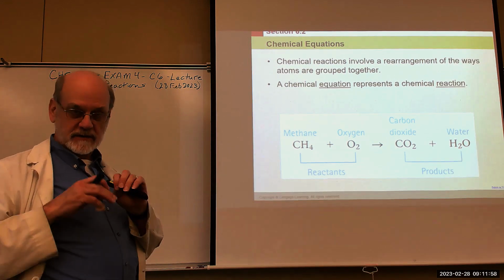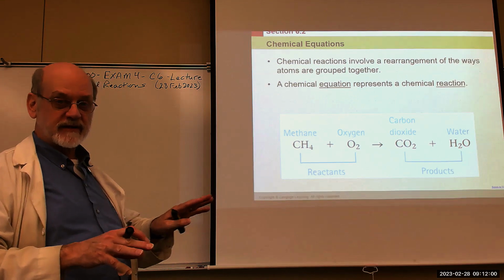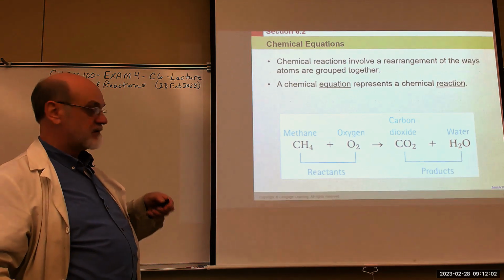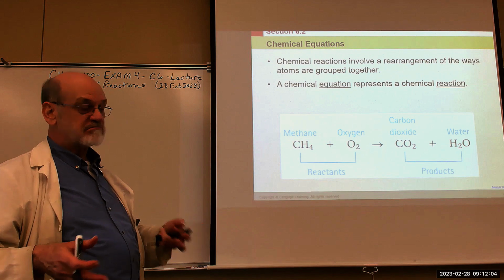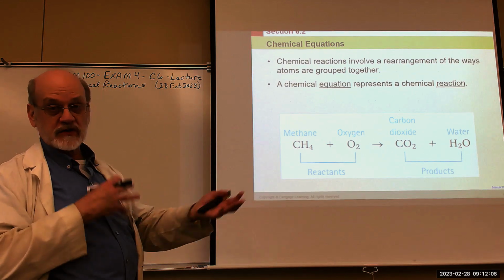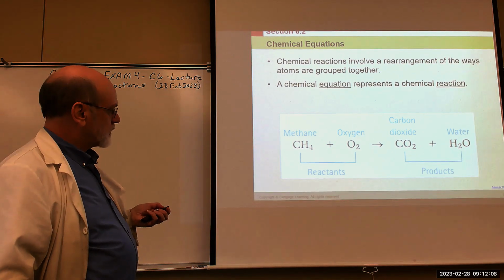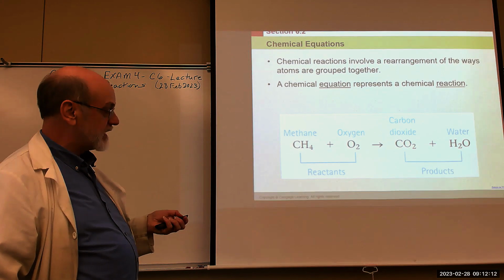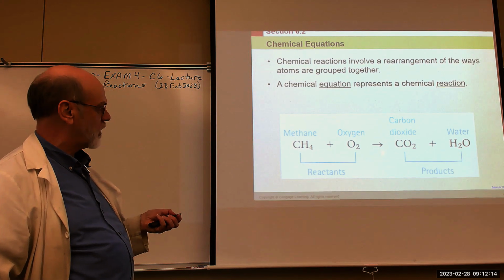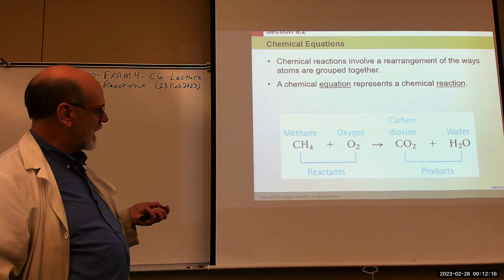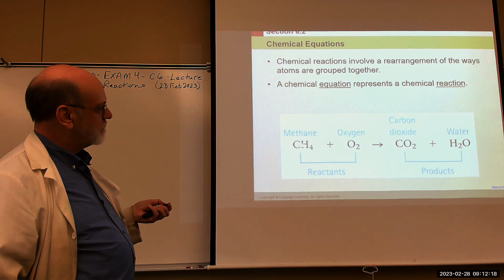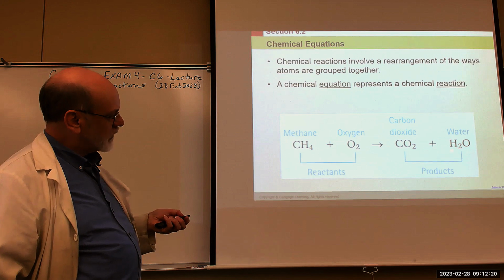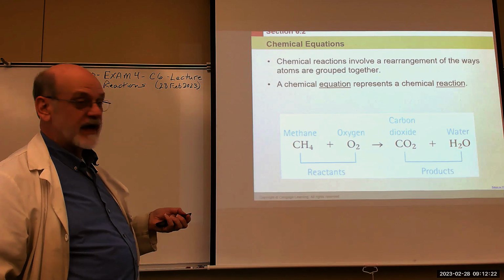John Dalton, as part of his atomic theory, said that during a chemical reaction, these atoms just rearrange. So the carbon is still there, it's right there, right? We haven't created any new carbons, we haven't destroyed this carbon. These 4 hydrogens should be over here, but there are only 2 on that side.